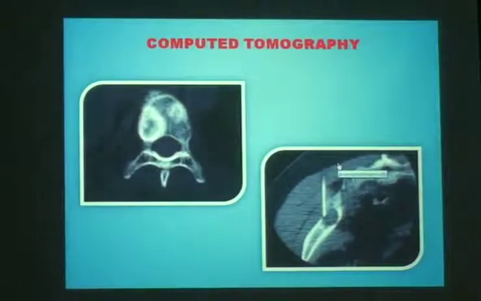Then we've got CT. It is a more sensitive tool, but then again, if we are talking about subtle marrow changes, it won't be the modality of choice. And it also has another diagnostic role in the guidance of biopsy taking from different lesions.